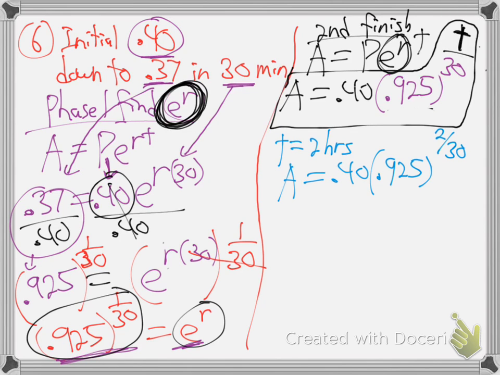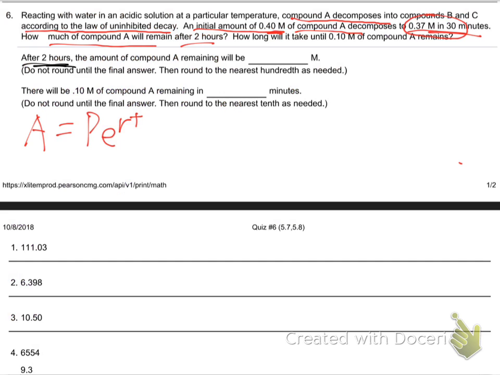So I just put the 2 right in there in the t spot. And hit the buttons on your calculator. And you should get 0.29. That's how much remains. That's that question.